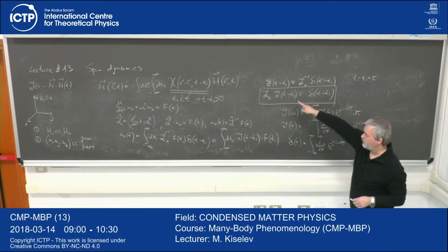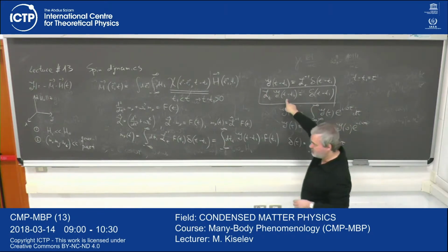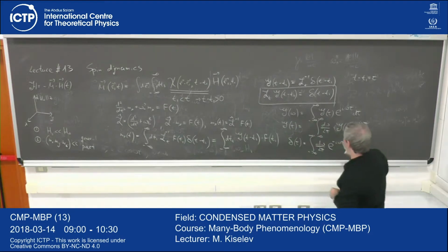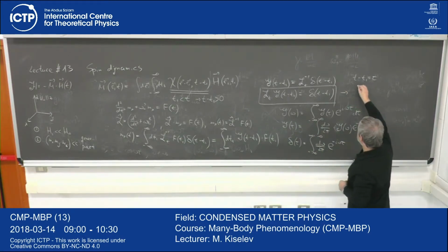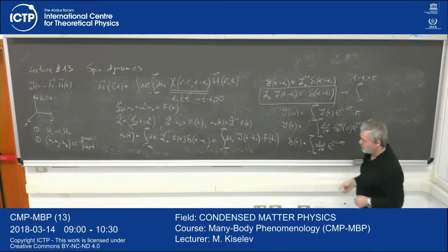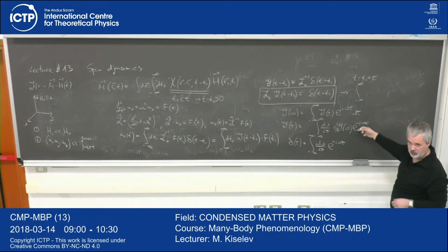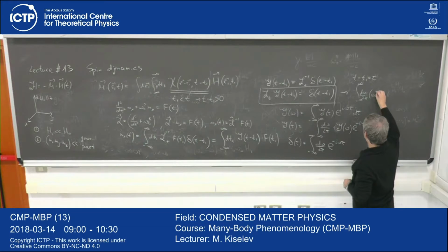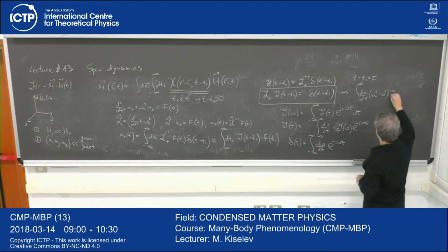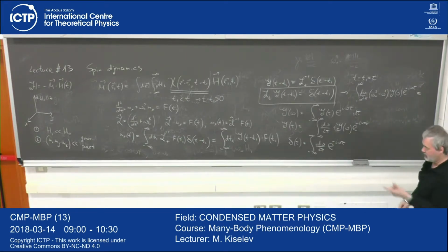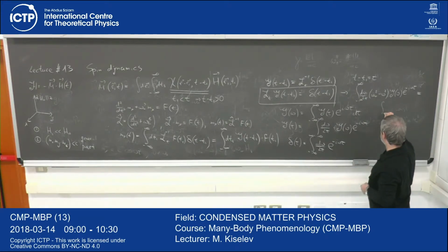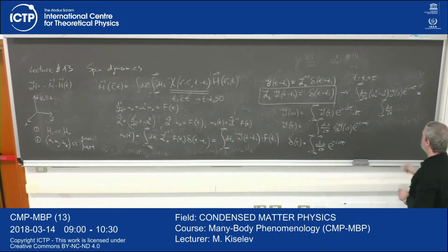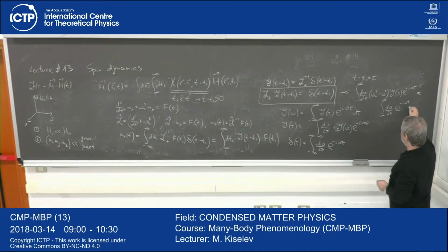Plugging this g(tau) into the left hand side and applying the differential operator, which now will differentiate only the exponent, I will get the integral from minus infinity to infinity d omega over 2 pi of omega naught square minus omega square times g(omega) e to the minus i omega tau, equal to the delta function, which is the integral over d omega over 2 pi of e to the power minus i omega tau.